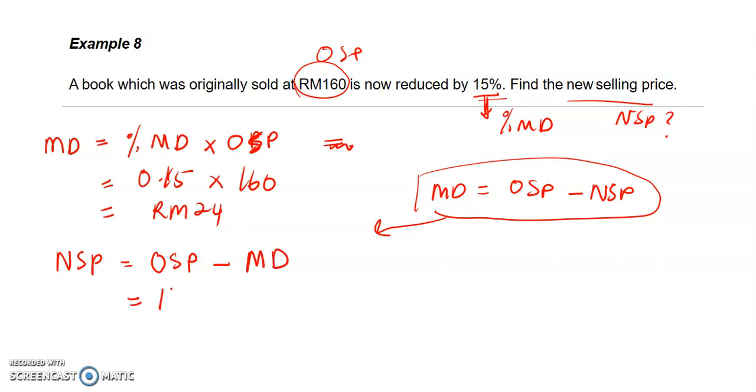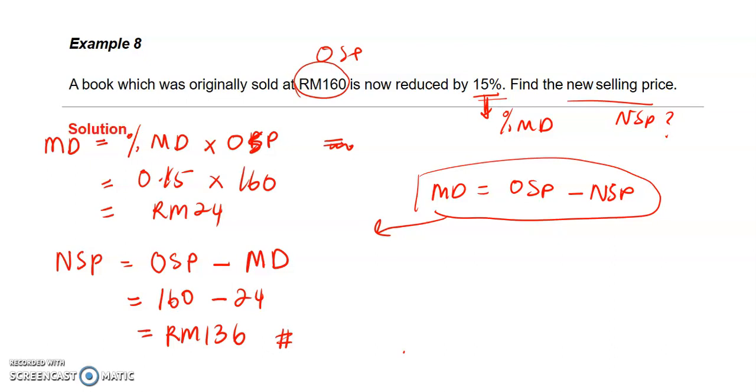Okay, so 160 minus 24 ringgit. So the new selling price of this book is 136 ringgit. Okay, so far? Boleh kan? Okay, let's try the next example.